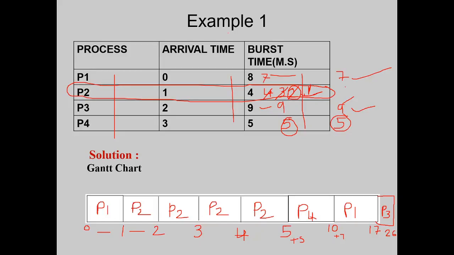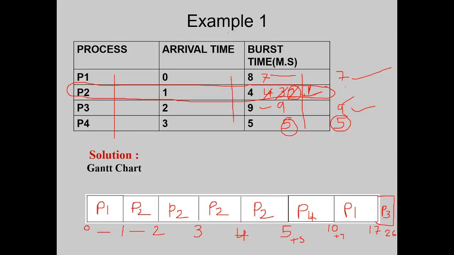So we have seen here at the beginning the process which comes first will be allocated to the CPU, and then as the processes keep on coming, their burst times will be compared with each other, and the process which has less burst time will be allocated to the CPU.